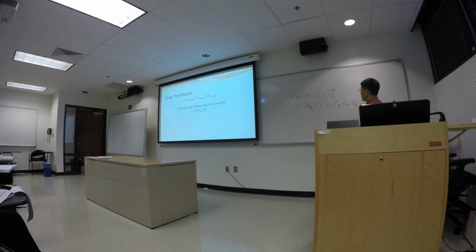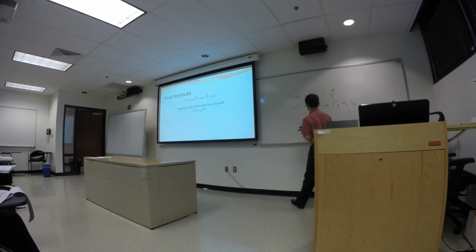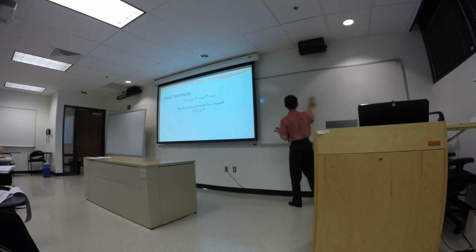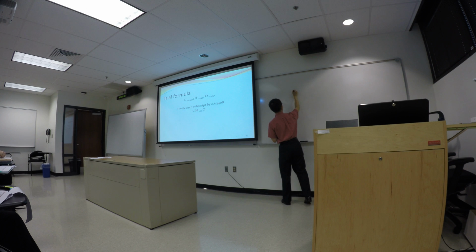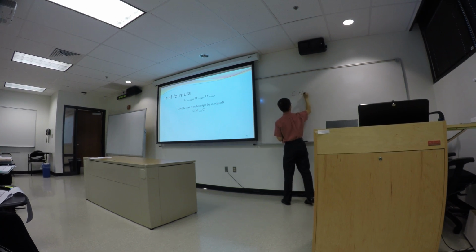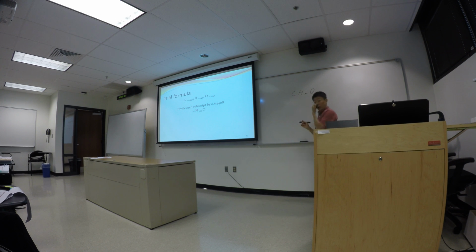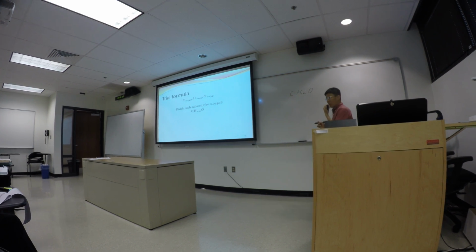There's another approach. If you come up with this formula, carbon 1, hydrogen 1.32, oxygen 1, and we don't want to play with the numbers, we just do a trial and error thing. This is 1 to 1.32 to 1.